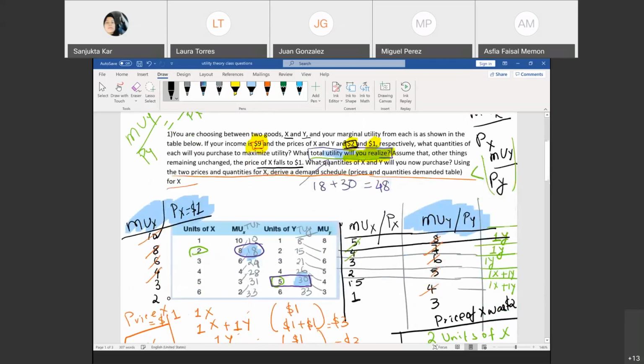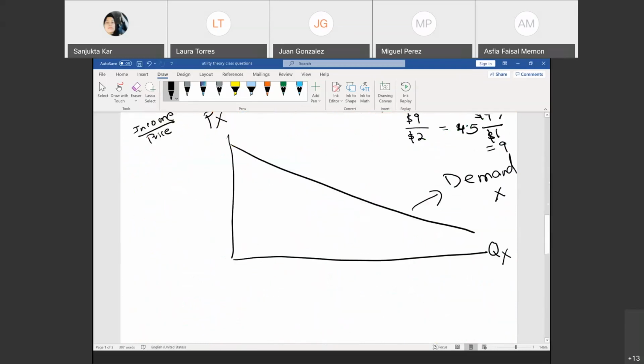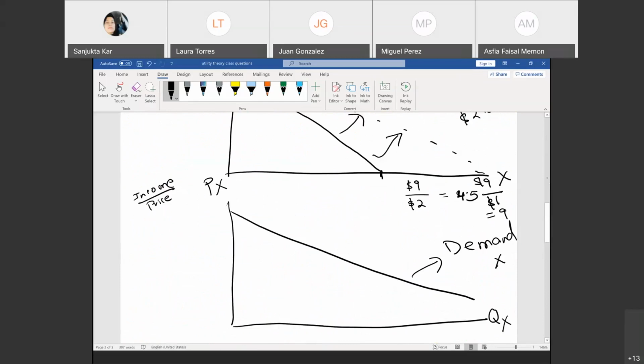When the price of X was $2, we bought 2 units of X. Now when the price of X went down to $1, we bought 4 units of X. So the price of X was $2, we bought 2 units of X. Then the price of X went down to $1, we bought 4 units of X. So these are the points on the demand curve.